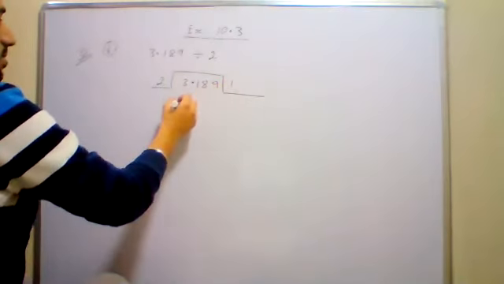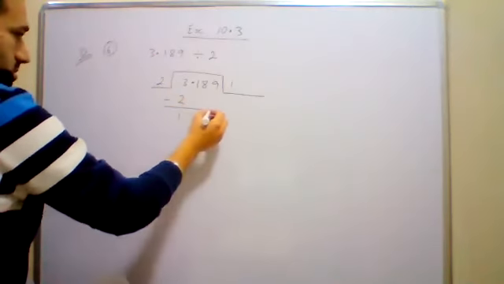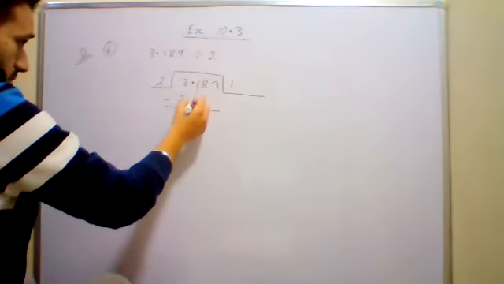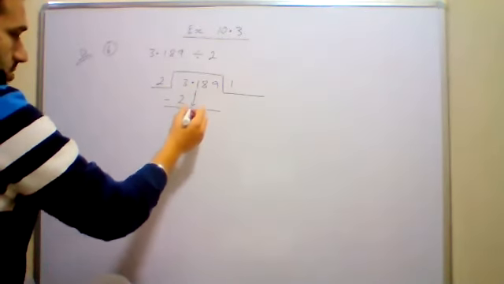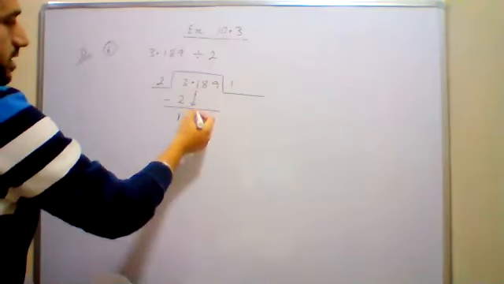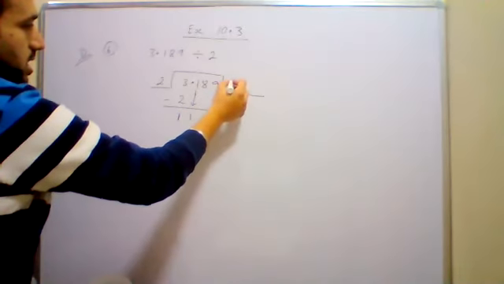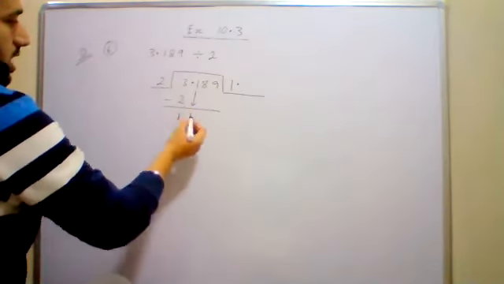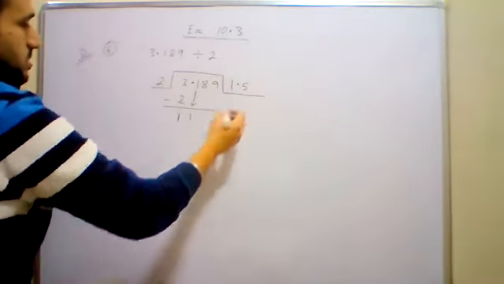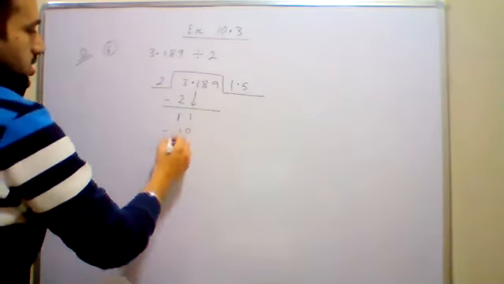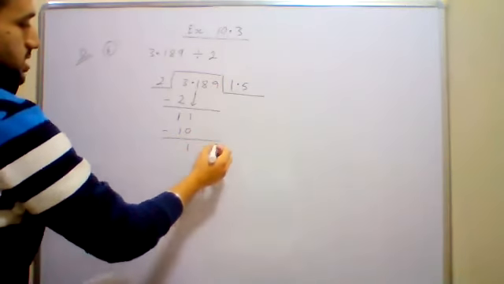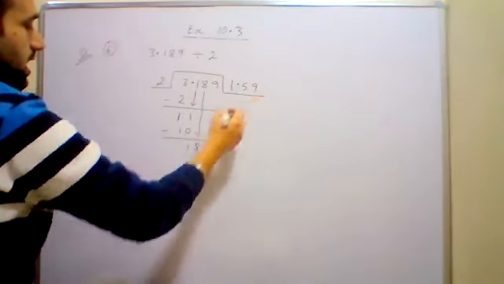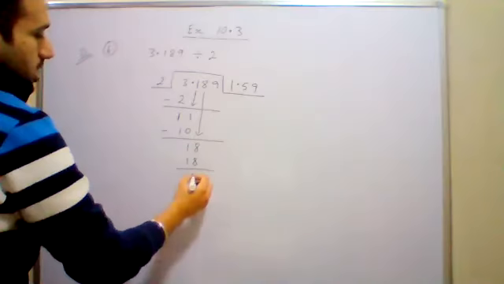One time, difference is 1. Now you copy down the first digit after the decimal. As soon as you copy the first digit after the decimal, put a decimal in the quotient also. Now 11, 5 times is 10. Subtract this, you get 1 as the remainder. Next digit is 8, 18, 9 times 2 is 18, remainder 0.